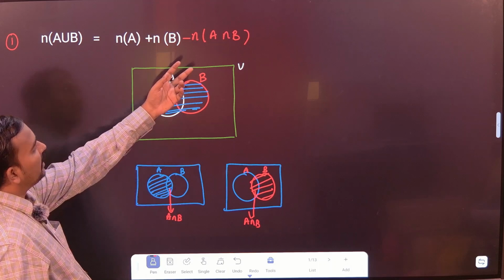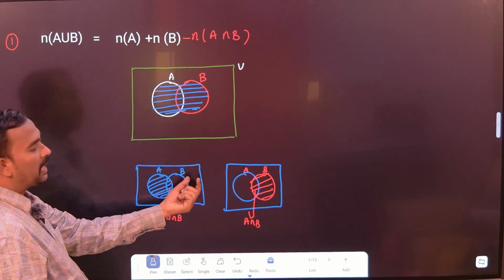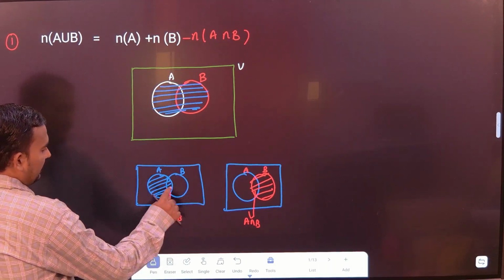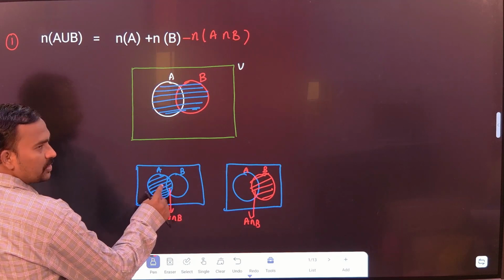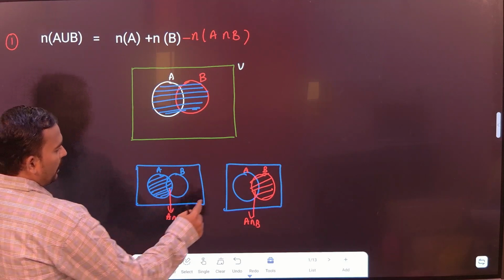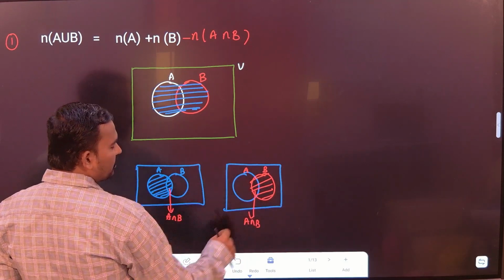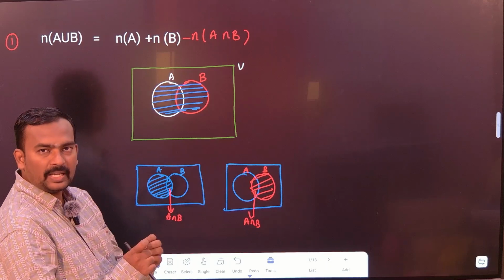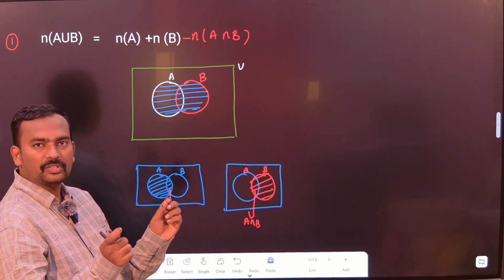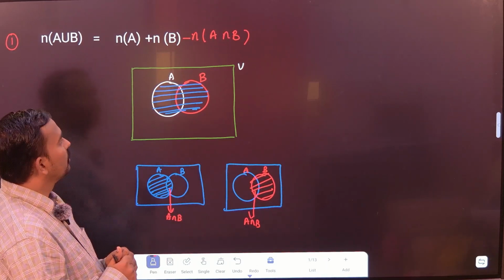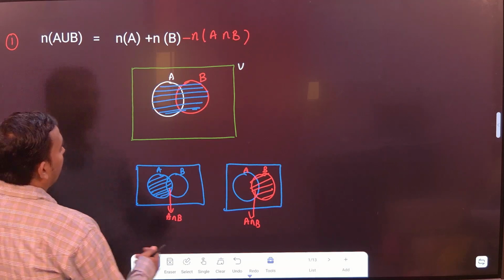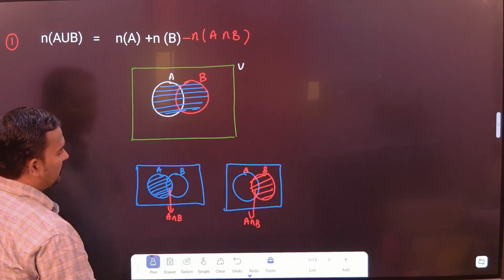Why are we subtracting A intersection B? Because you're adding it two times. When you take n of A, the intersection is added, and when you take B, the intersection is added. But in A union B, A intersection B occurs only once. So you have to remove one time, right? Clear?